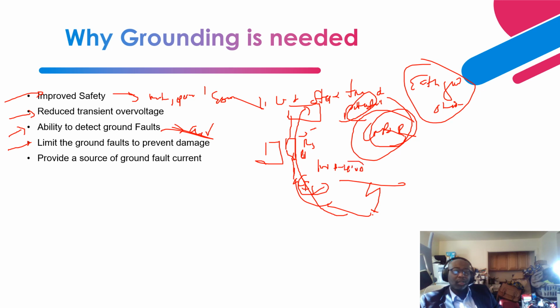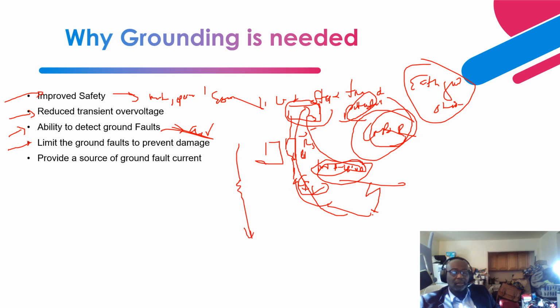This is what is allowed to flow through the equipment, knowing that it is not going to cause any damage to the equipment, and will allow the protective relays to detect this amount of fault current based on the settings to isolate the equipment. It limits the ground fault and also prevents damage to equipment.